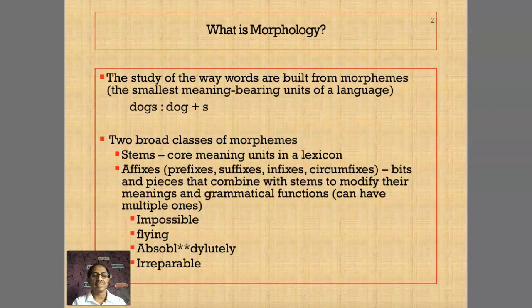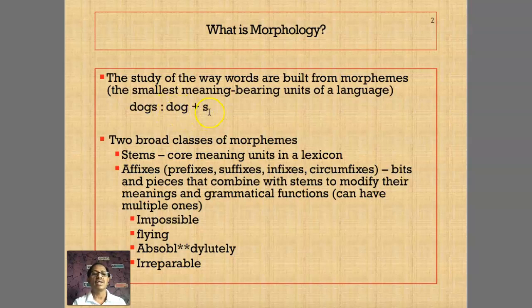What is morphology? Morphology is the study of the way words are built from morphemes. What are morphemes? Morphemes are meaningful units. They are the smallest meaningful units. We also call them minimal meaningful unit. A morpheme is a minimal meaningful unit. So, for example, if you take a word like dogs, the word dogs has 2 morphemes.